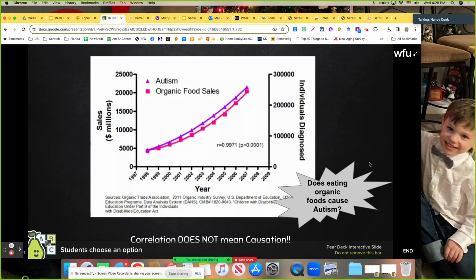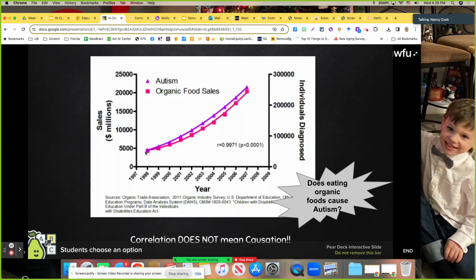So when you're looking at a chart such as this, here's a correlation: there's a correlation between autism and organic food sales. Notice here that the data was collected for how many individuals were diagnosed with autism from 1997 to 2009.